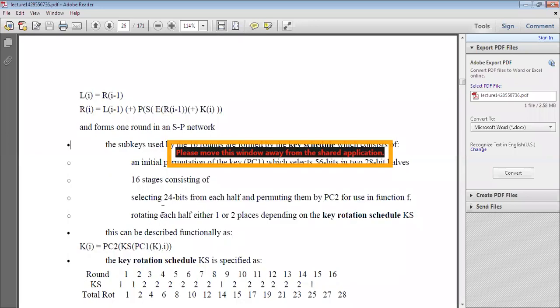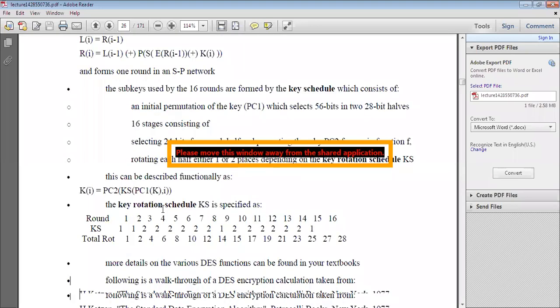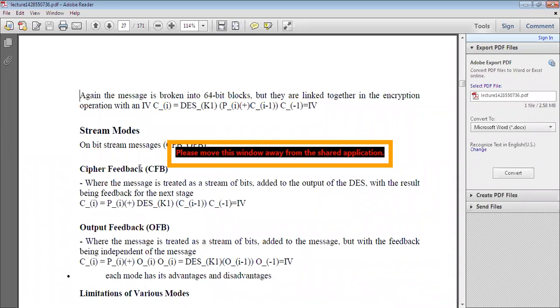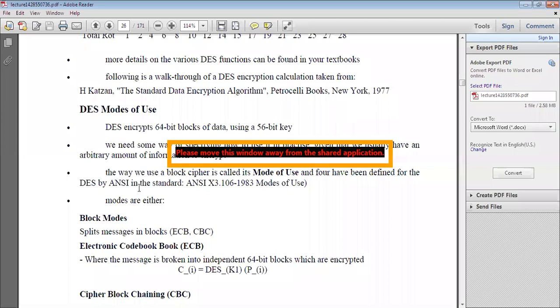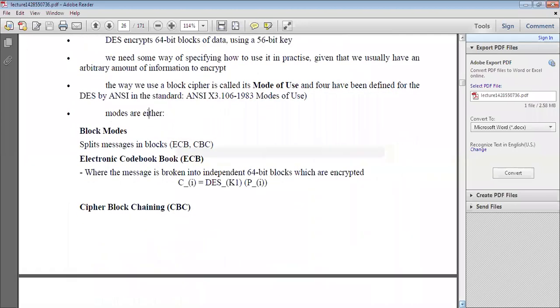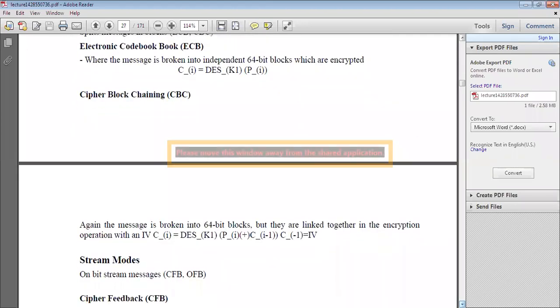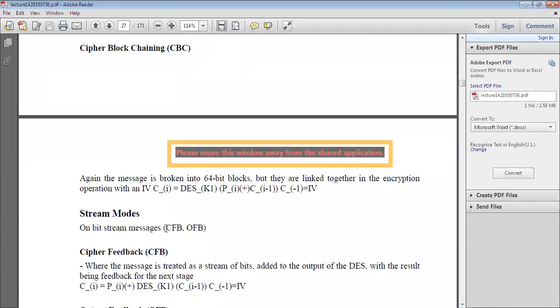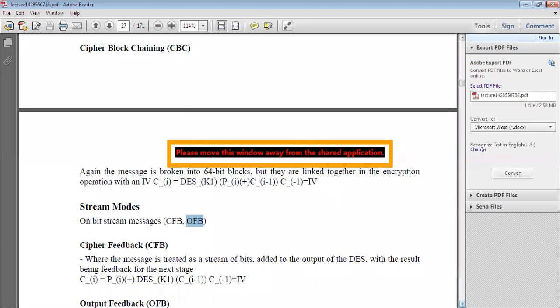These two types of block mode operations are used for conversion into blocks. In stream modes, generally you use output feedback and cipher feedback, that is CFB and OFB. These are the modes you use before converting the plain text to ciphertext.